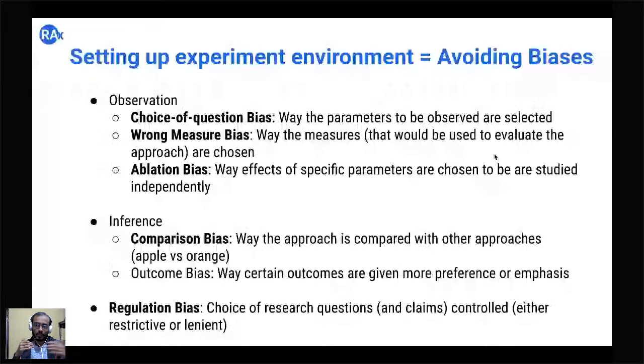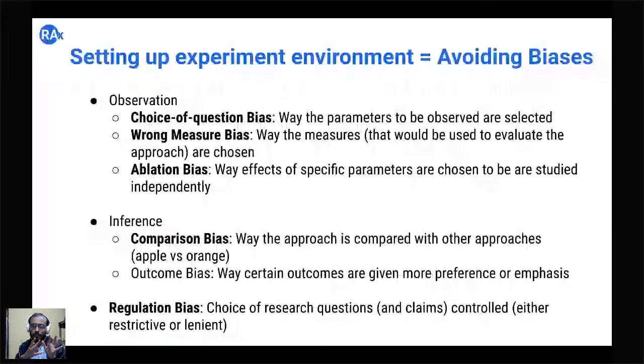Observation method, which means when you found the result, let's say, and this is something which is very important. You have to understand this. This is probably the biggest issue that I have seen in my personal experience: when you are at the stage of observing your result, there can be three types of biases that can come in.